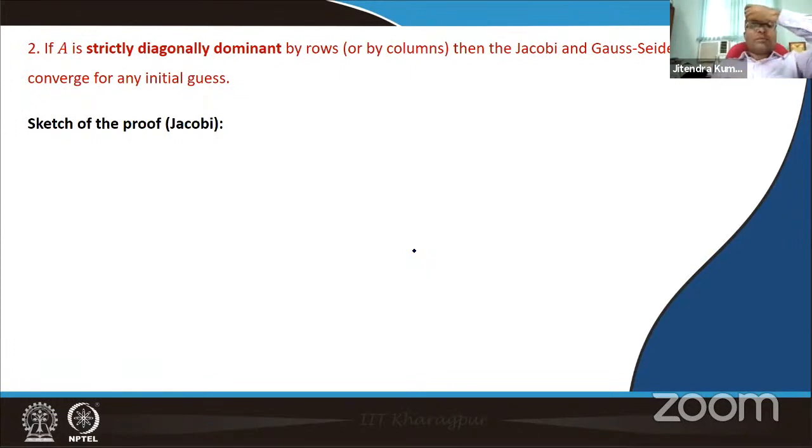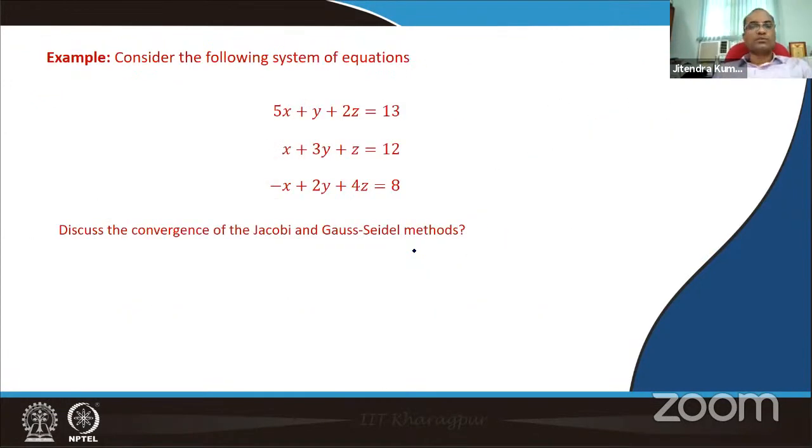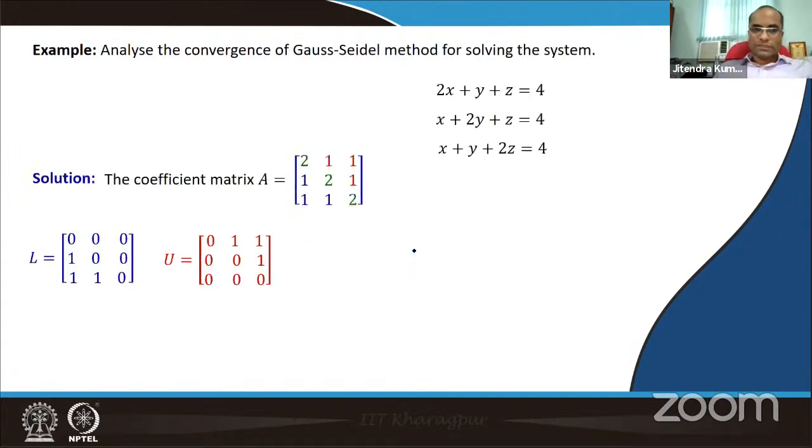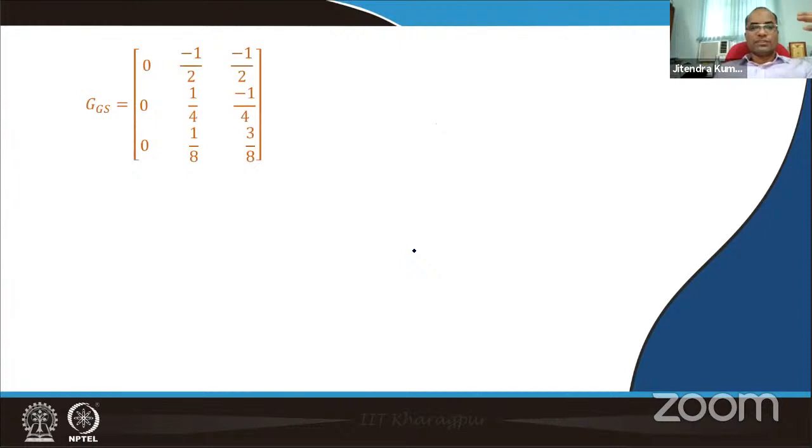And for the strictly diagonally dominant case also, we have given you some idea of how it is working. And then there were several examples you can find in these online lectures, which show how this norm works. For example, this was the Gauss-Seidel method iterative matrix. We computed the one norm, which was greater than 1, so we cannot conclude anything.